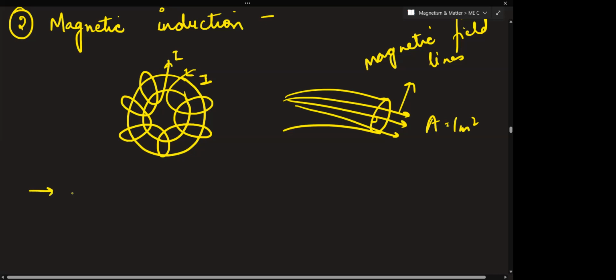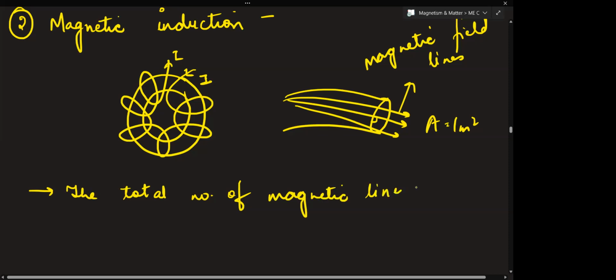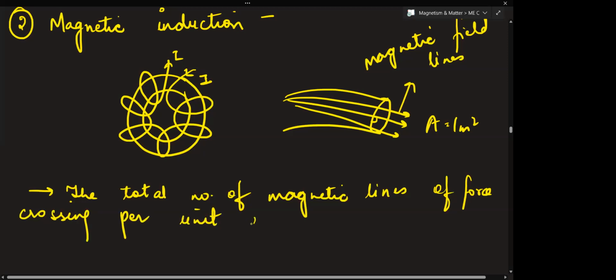So magnetic induction can be defined as the total number of magnetic lines of force crossing per unit area normally, meaning perpendicularly.